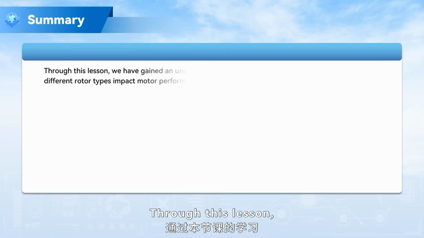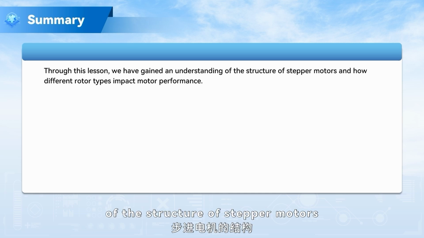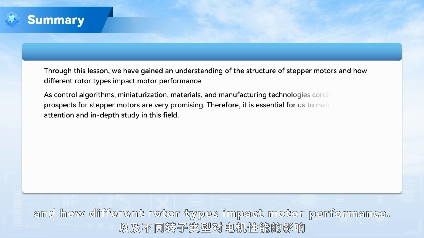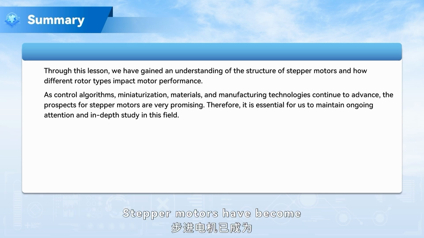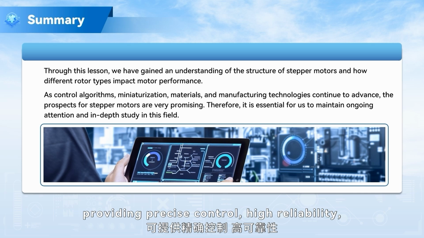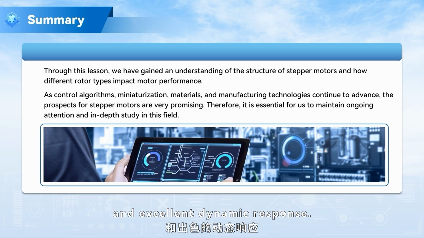Through this lesson, we have gained an understanding of the structure of stepper motors and how different rotor types impact motor performance. Stepper motors have become a vital component of industrial automation, providing precise control, high reliability, and excellent dynamic response.